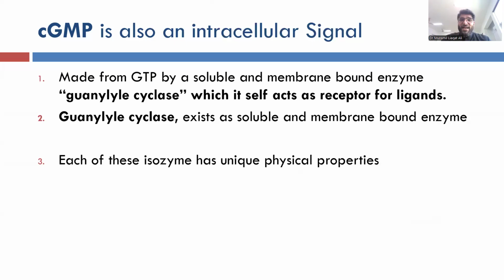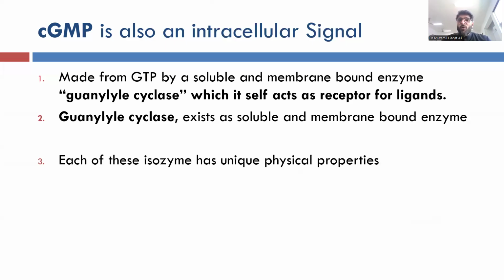The next step is the activation of the GC molecule. Guanylyl cyclase converts the GTP molecule to the cGMP molecule, producing cGMP along with the PPi, the pyrophosphate molecule, right? The next step is cGMP binds to and activates the protein kinase G, the PKG molecule.